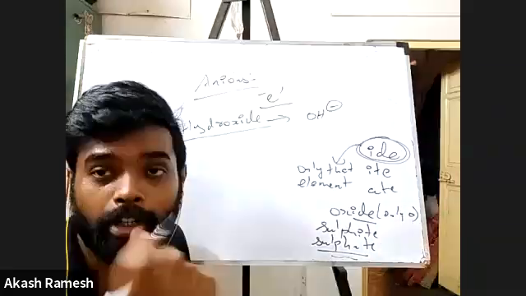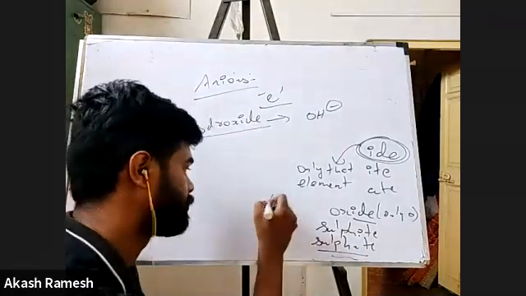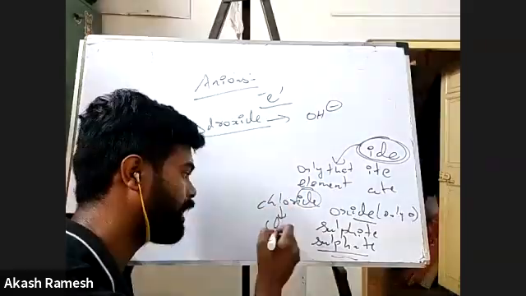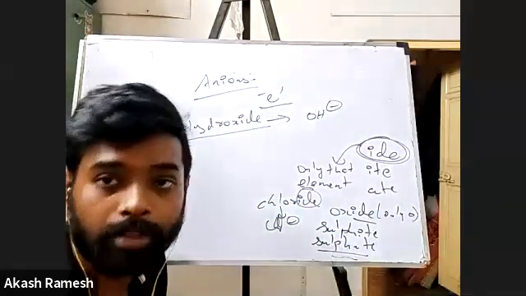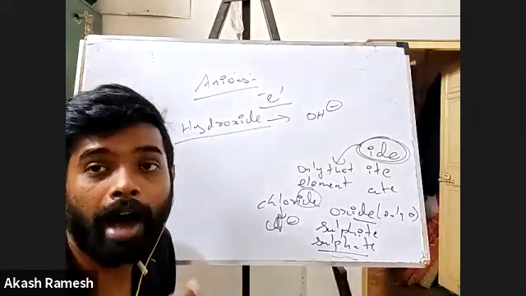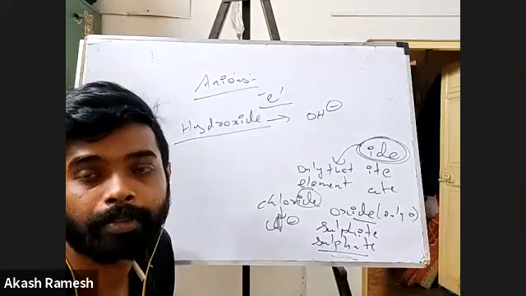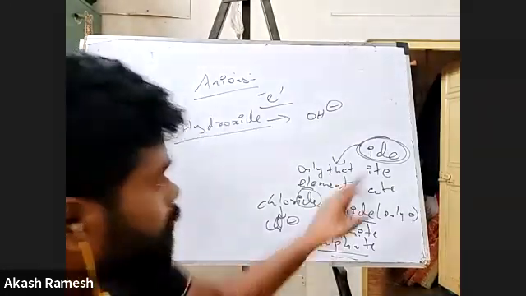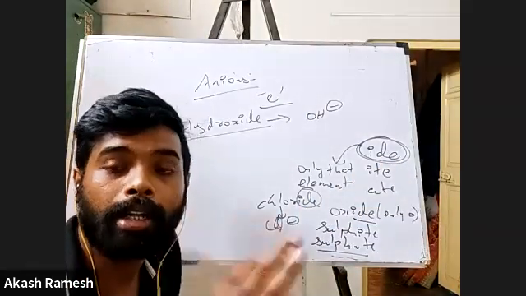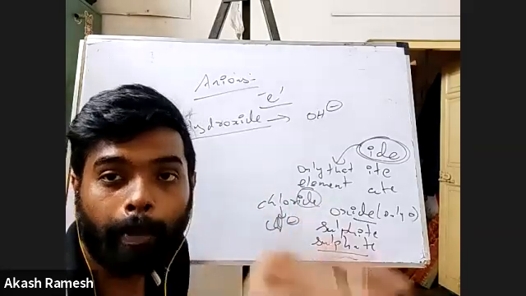We know the formula, oxide is O2 minus. Chloride, again you see IDE. That means only chlorine is there, so you know you're going to form Cl minus. Nitride, again you'll have N3 minus. So what you have to understand is that the moment you see IDE ending, that means only that element is present. In the sense, it is going to be a monoatomic anion.